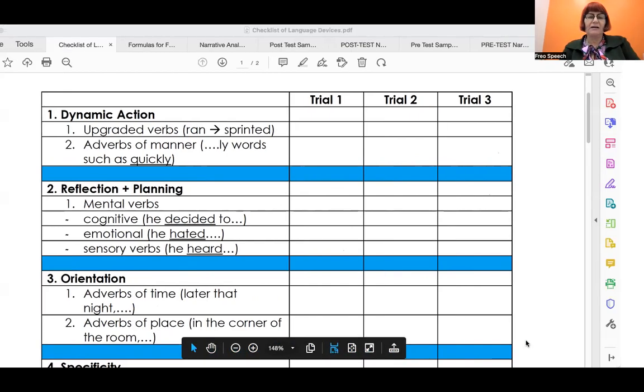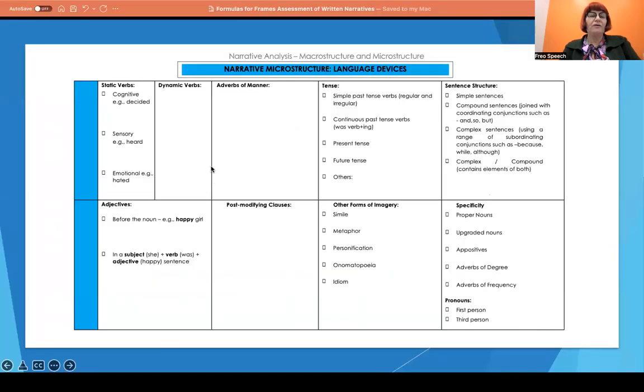So back here. So now you'll see here, we've got dynamic verbs. So here, just write them in. So this is all the verbs section. Static verbs that code cognition, like "I decided" or "he decided". Sensory verbs and emotional verbs. And here, adverbs of manner.